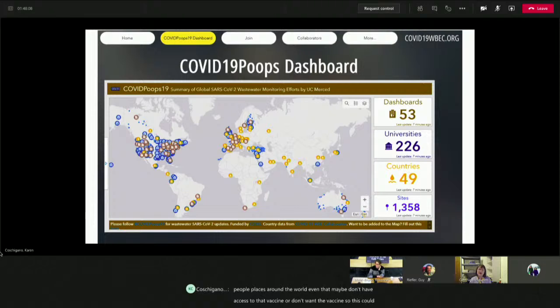So this could be a way of tracking to see if there's infection in the area. And I'm also wondering, we don't know how long these vaccines are going to last. Will we have to do it yearly, like the flu vaccine, or will it be longer term? So I think this wastewater surveillance could also help there, monitoring a whole city or a portion of a city and just seeing, are we seeing prevalence of this virus?